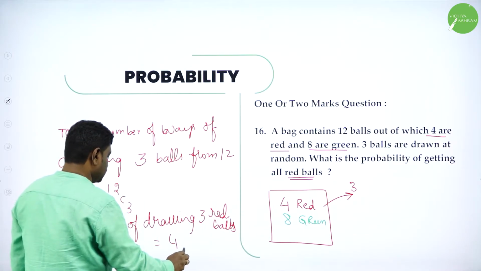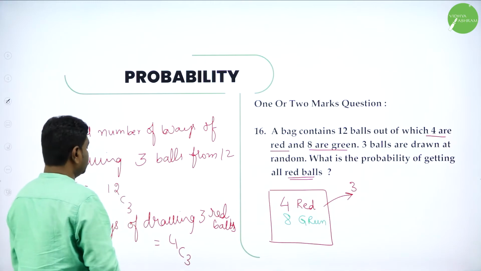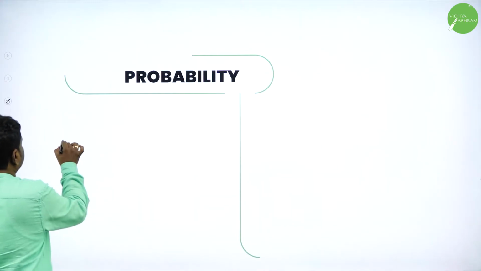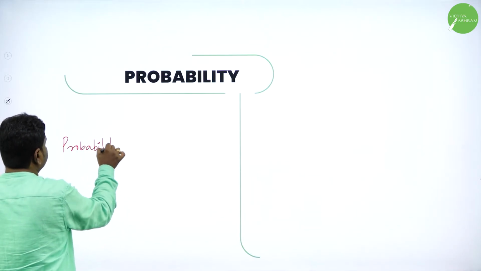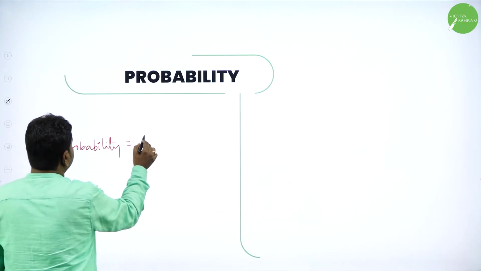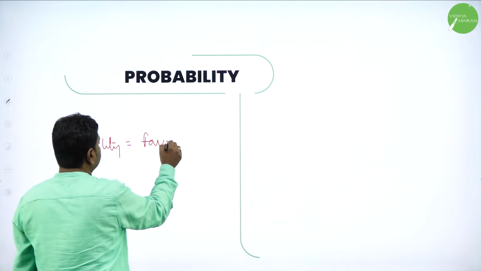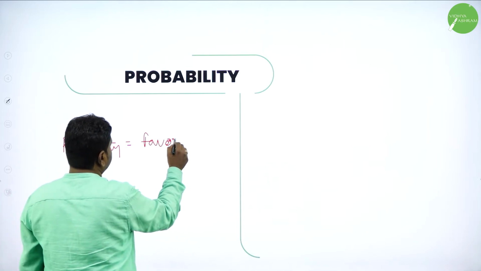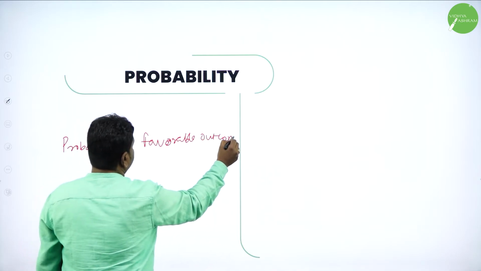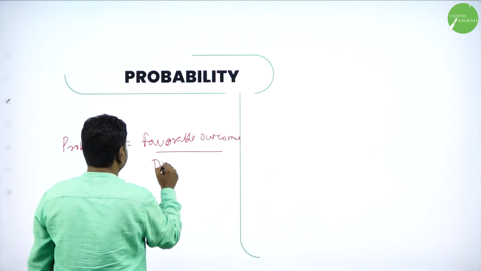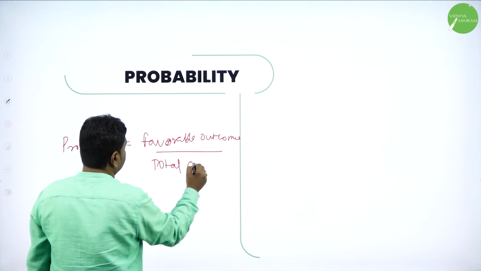So out of 4, 3 can be selected in 4C3 ways. Now we go to the probability. What is probability? Favorable by total. Favorable, what we need. Favorable outcomes by total outcomes.